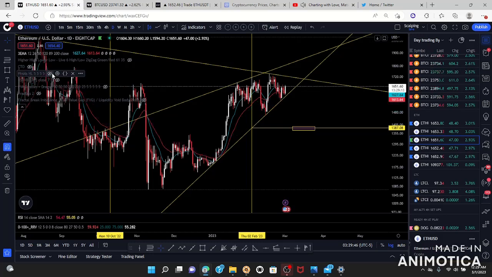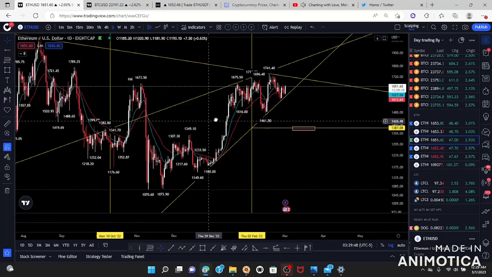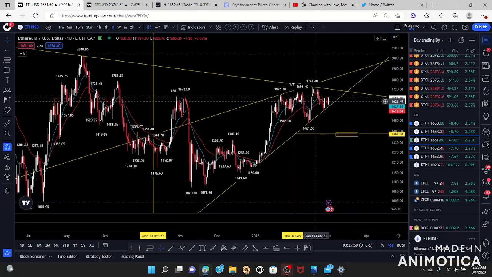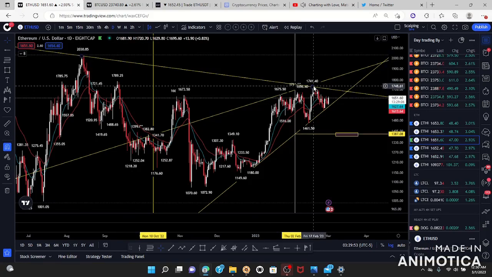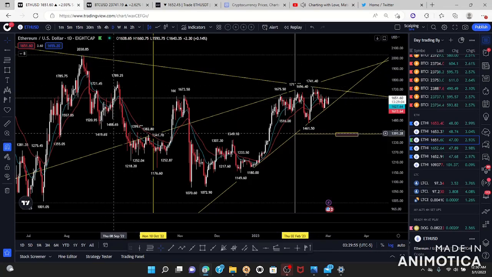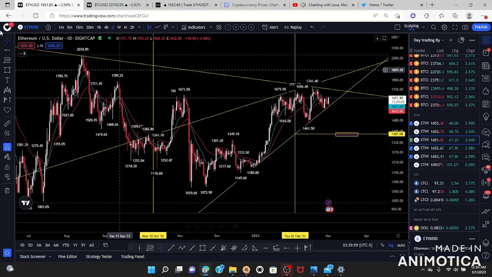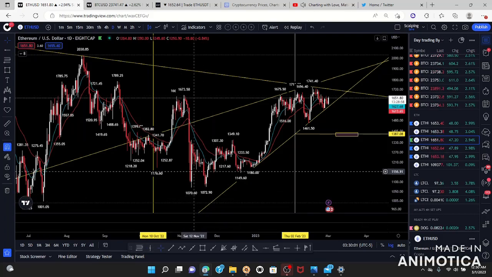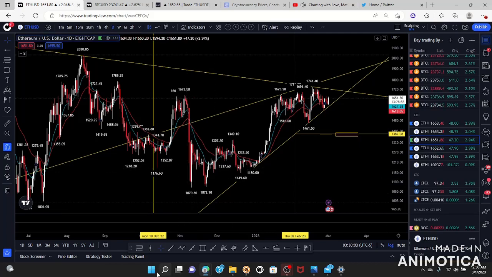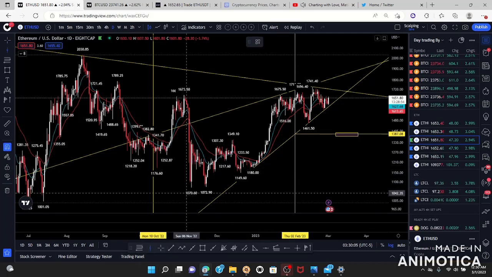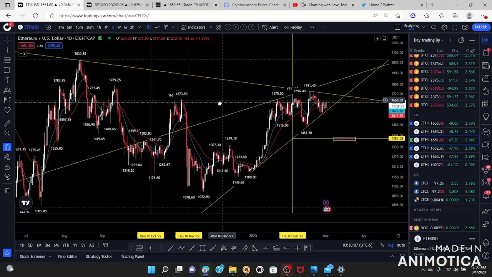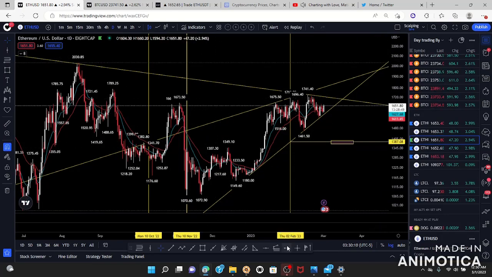Sorry, wrong indicator here. Back to our pivot highs and lows. So we got one touch, two touches. What is our lowest price action right here? 1070. So let's mark this peak with this vertical line, and then mark it right where it intersects.